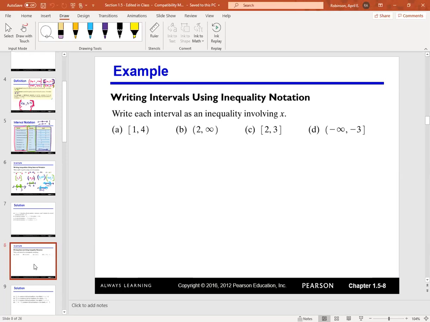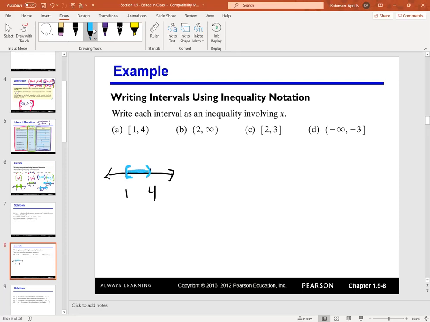Okay, so we're going to write each interval as an inequality solving for x. Now, they did not ask me to graph this, but I'm a visual learner. On part A, it goes from 1 to 4. There's a bracket on the 1, and there's a parenthesis on the 4, and it's everything in between.